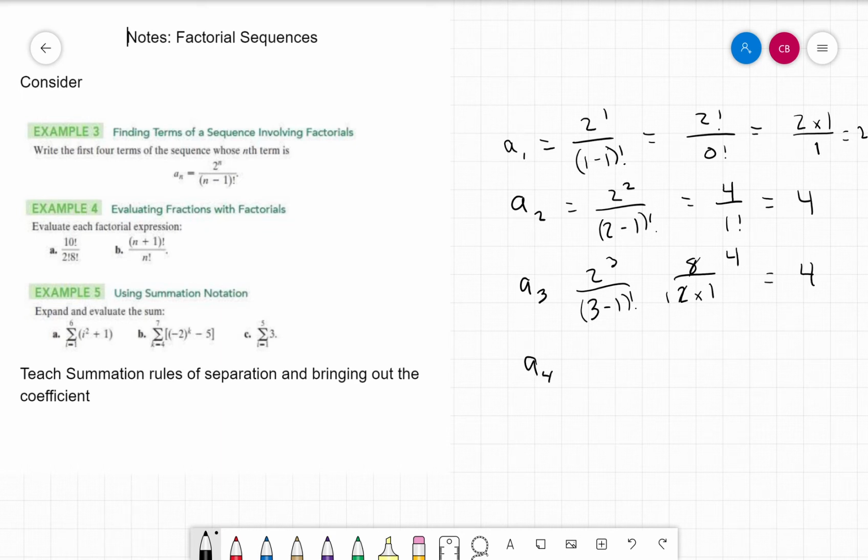And a sub 4 is going to equal 2 to the fourth over 4 minus 1 factorial, which is 16 divided by 3 times 2 times 1, which is 8 over 3, so that is 8 thirds. Okay, so that is the first 4 terms of this problem.